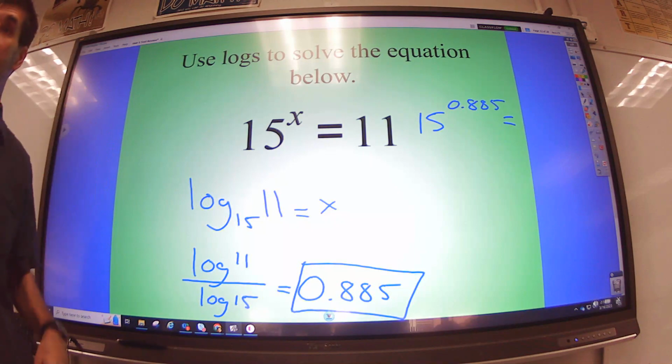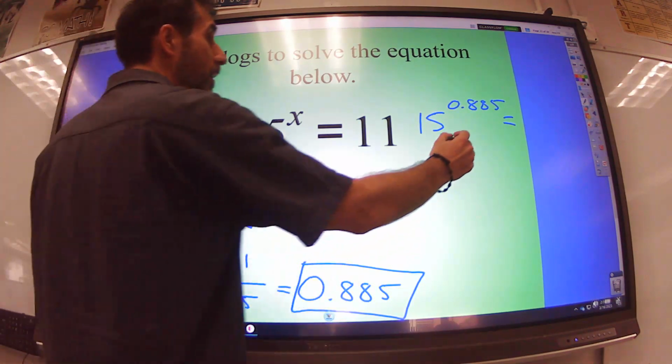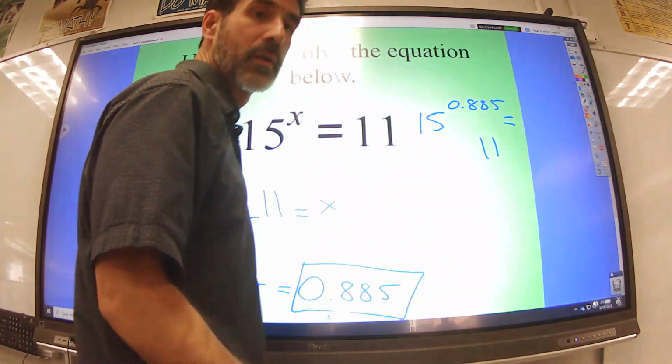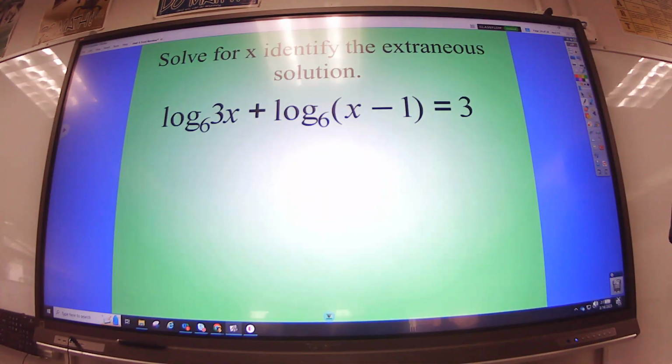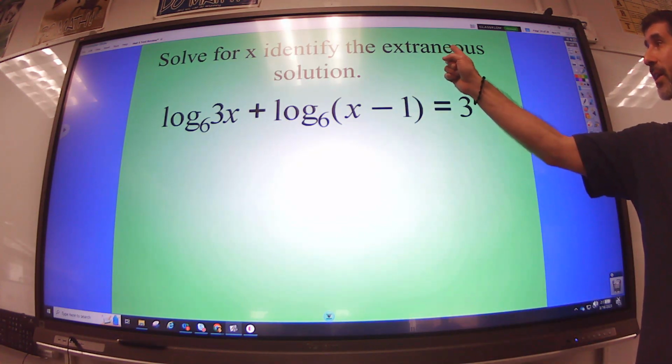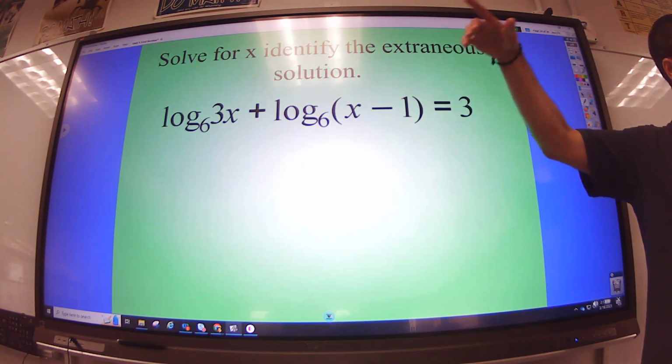Okay, unpause. All right, solve for x. Identify the extraneous solution. That means one of these answers is not correct. Like Nathan said, I noticed that we have the same base. So I can use the product property, and instead of expanding, I can put them together.